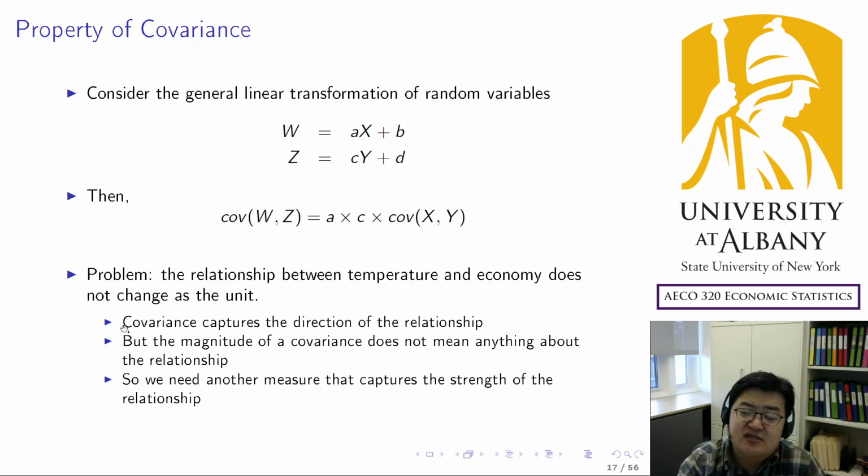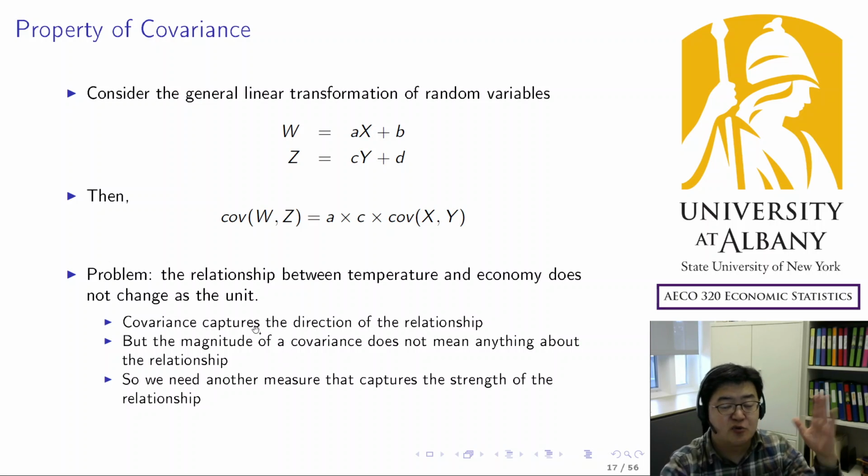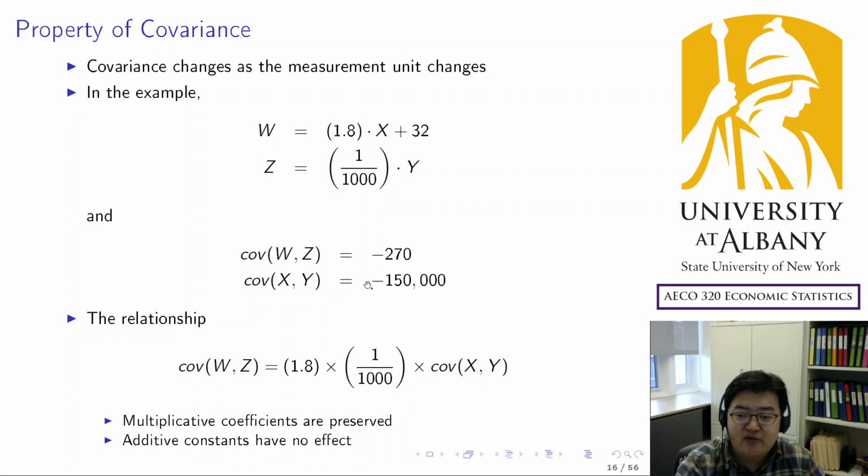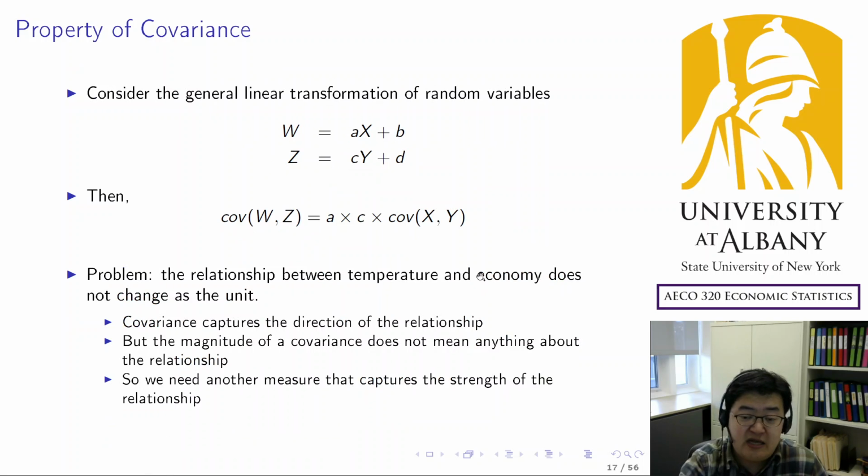So then we can explain it this way. The covariance captures the direction, whether it is positive or negative. The sign of the covariance is meaningful. However, these numbers, 270 or 150,000, what do they mean? The answer is nothing.